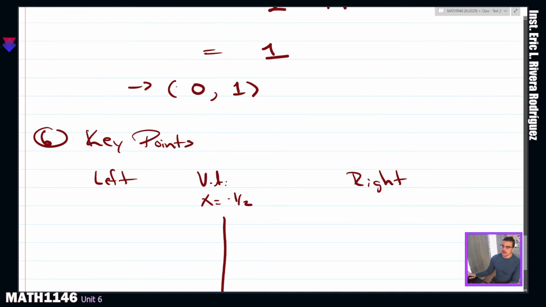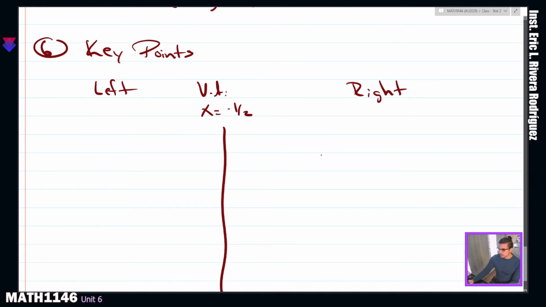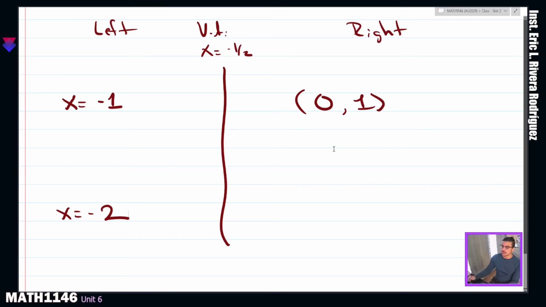So the y-intercept is located on the right side because 0 is greater than negative 1/2. So for the left side, I'm going to use negative 1 and negative 2. And for the right side, I will need to use one more, so I'm going to use positive 1. Okay?